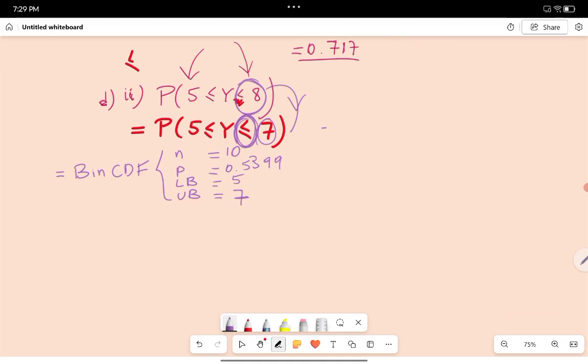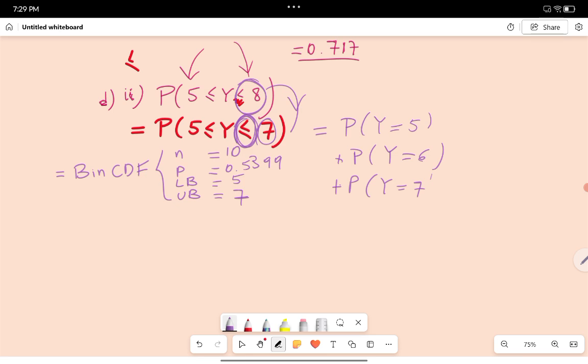So what it's going to do is simply going to do the probability of y being equal to 5 plus the probability of y being equal to 6 plus the probability of y being equal to 7.